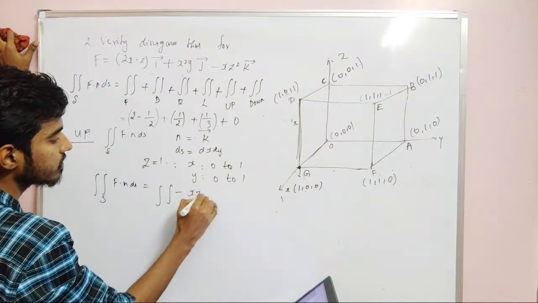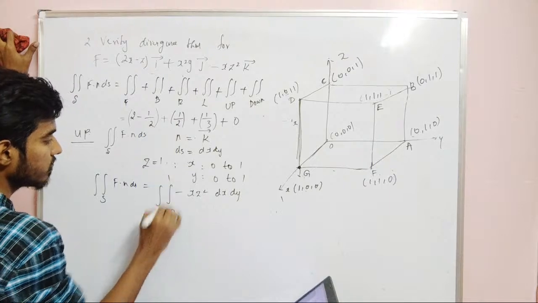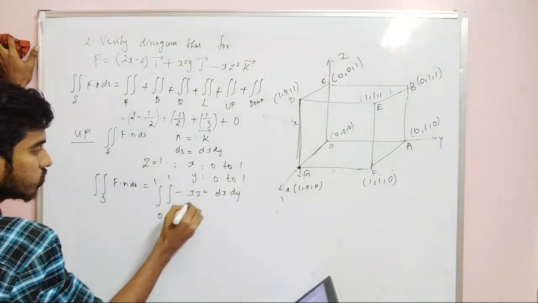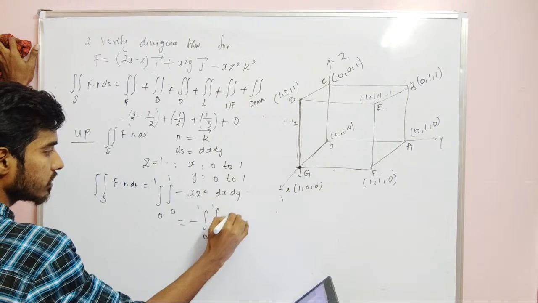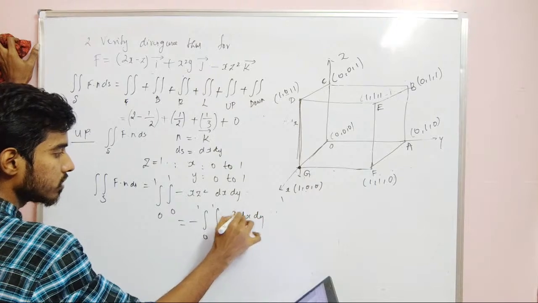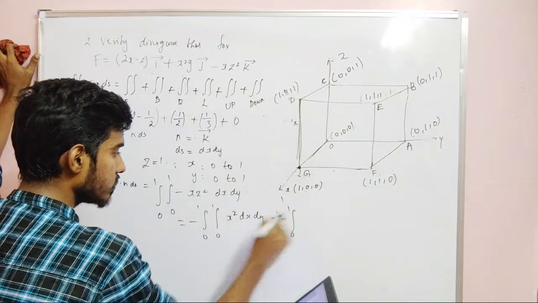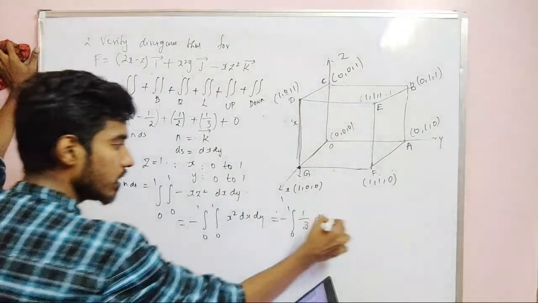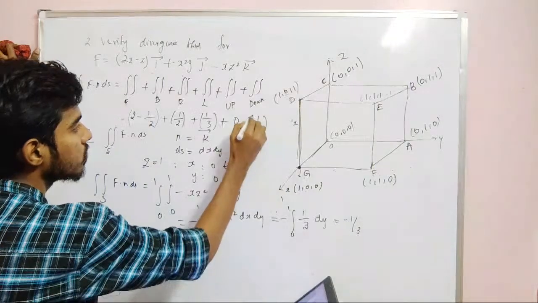We already have minus here, so minus x z square dx dy, and x varies from 0 to 1, y varies from 0 to 1. Now z is 1, so we have this to be double integral 0 to 1, 0 to 1 x square dx dy. When I integrate this, we will have minus integral 0 to 1, x square is x cube by 3, upper limit is 1, so we have 1 by 3, and this will be minus 1 by 3.